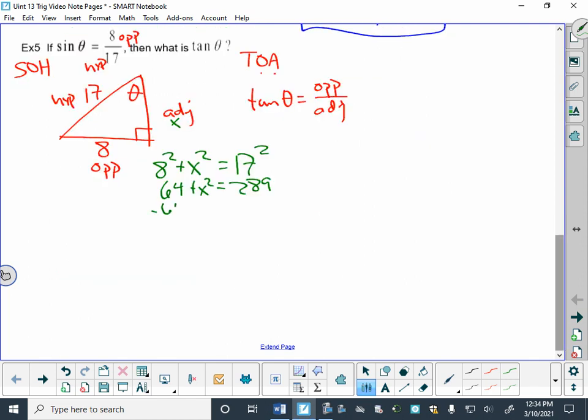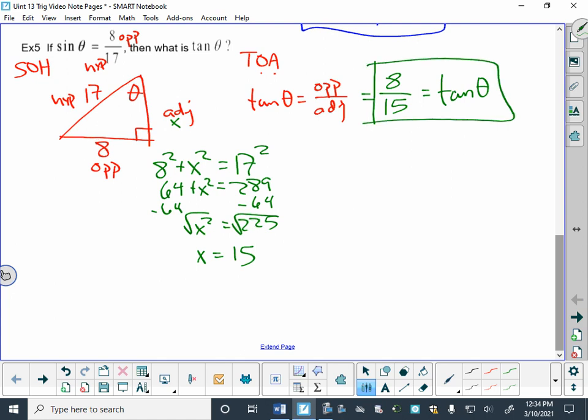Subtract 64 from both sides, and I get x squared is 225, and the square root on both sides tells me that x must be 15, so my adjacent side is 15, my opposite side was 8, the adjacent is 15, this is what tangent theta is equal to in that triangle.